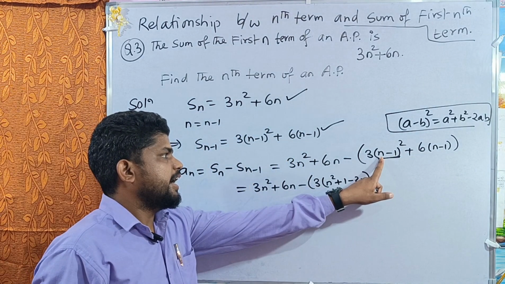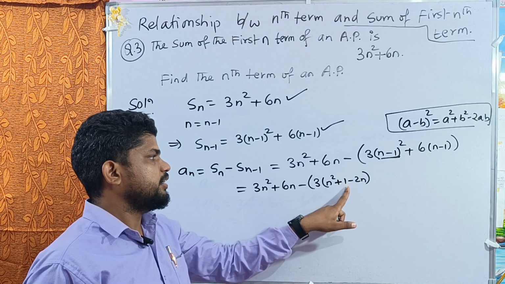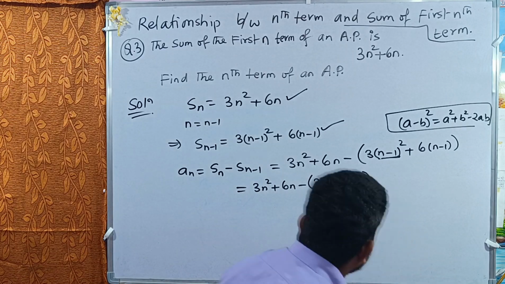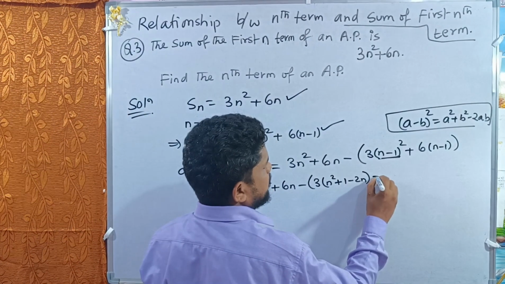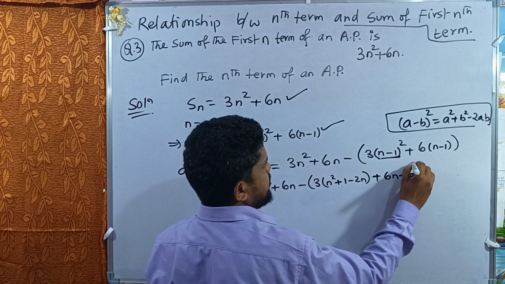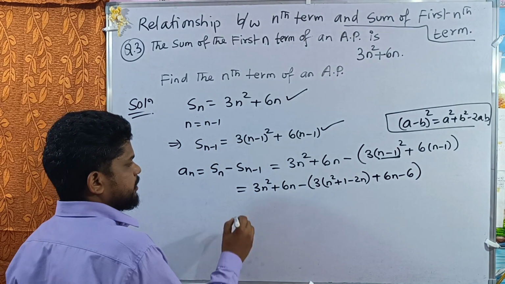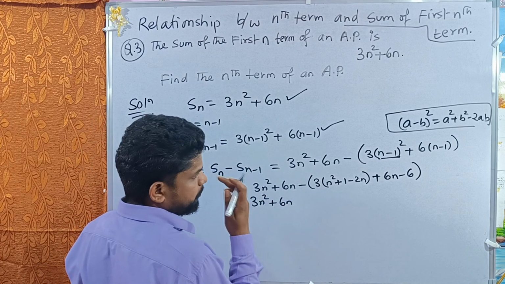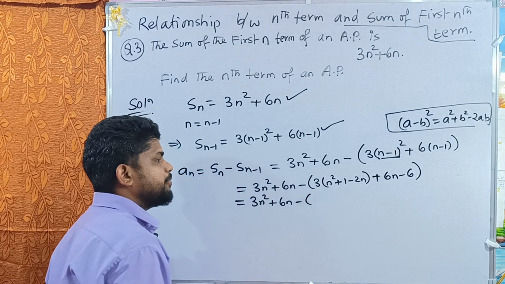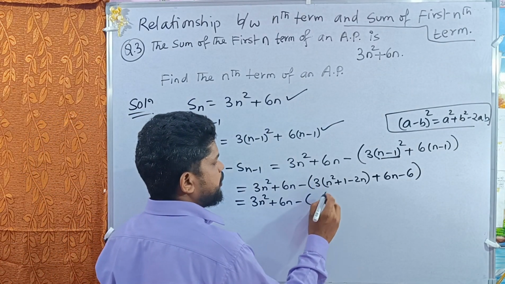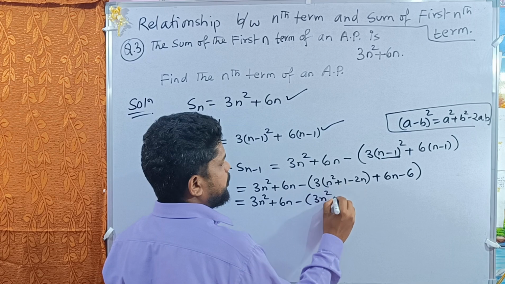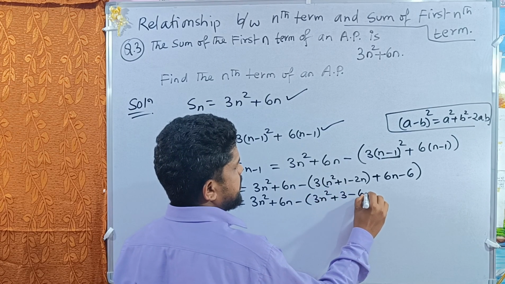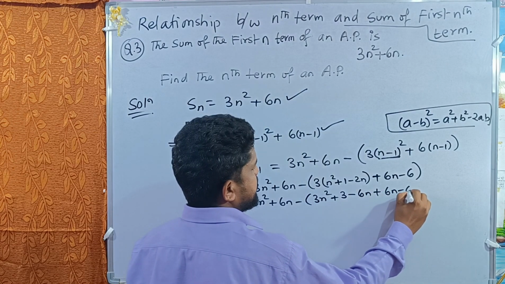So I get n², 1² is 1, minus 2n, and 6n minus 6. This can be rewritten as 3 into n², 3 into 1 is just 3, 3 into −2n is −6n, plus 6n minus 6.